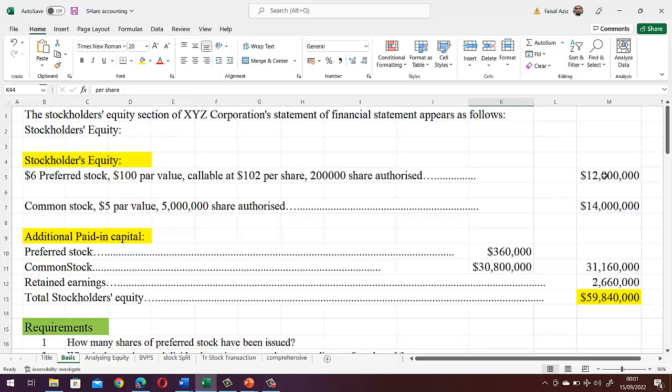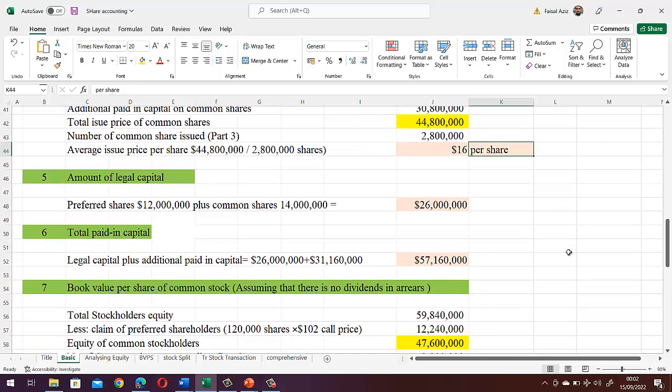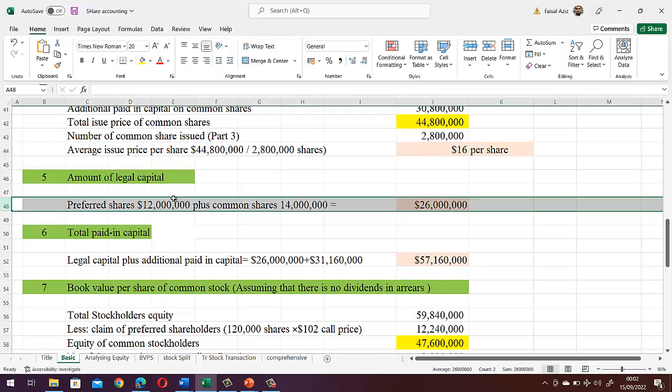When we add 12 million and 14 million, it will give us the legal capital. So let's have a look here. The amount of legal capital: we have preferred stock, which is 12 million, plus the common shares amount, which is 14 million.